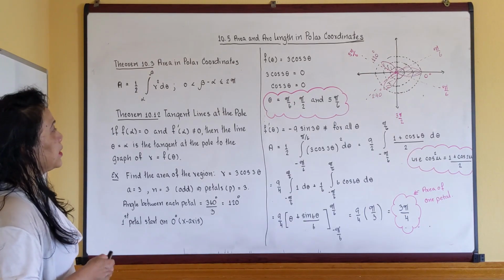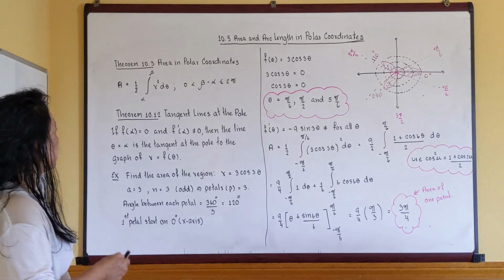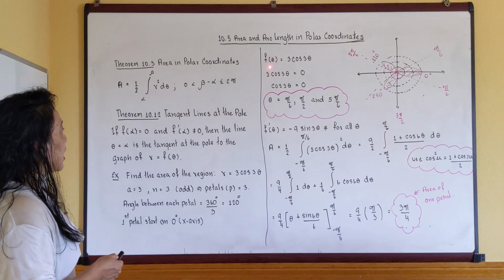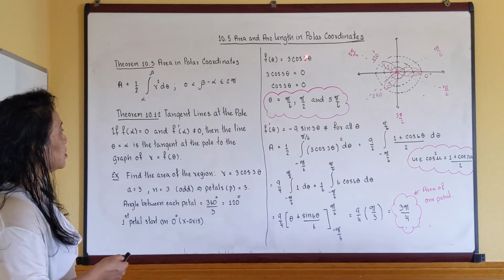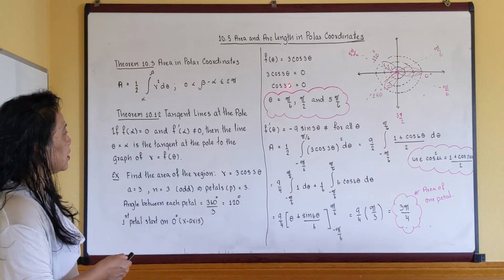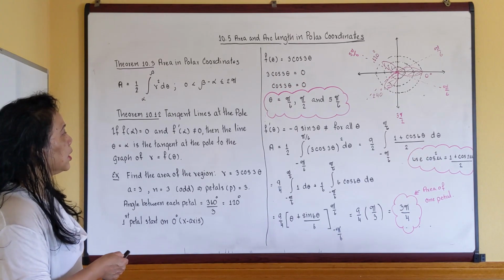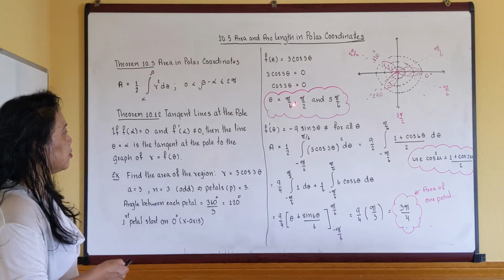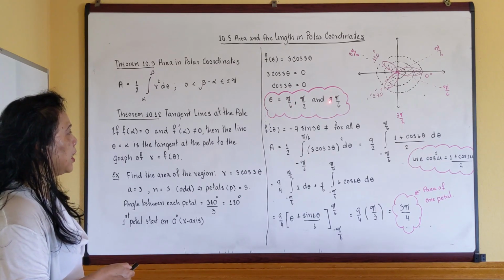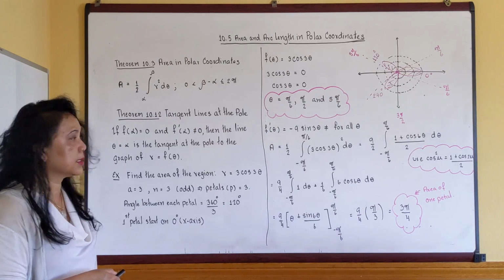Now I need to find the tangent lines. After I get the tangent lines, I plug them in here to find the area. So for the tangent lines, you set the equation to 0. I divide both sides by 3, cosine of 3 theta equals 0, which means that my theta will be pi over 6, pi over 2, and 5 pi over 6.